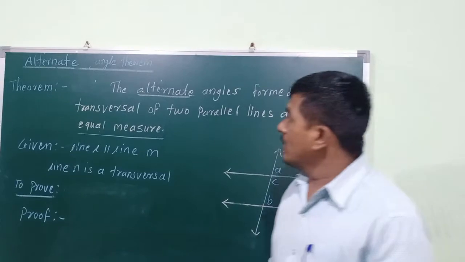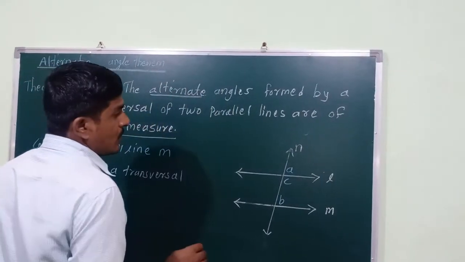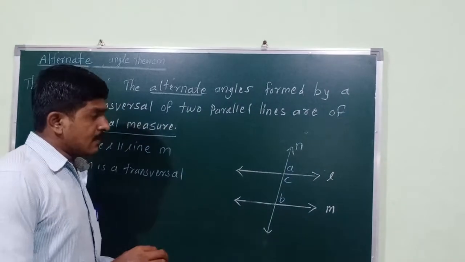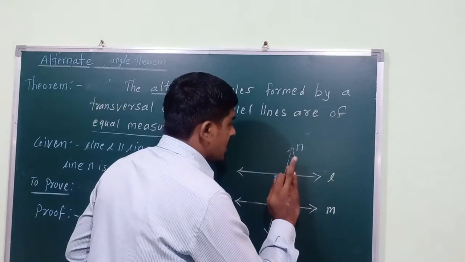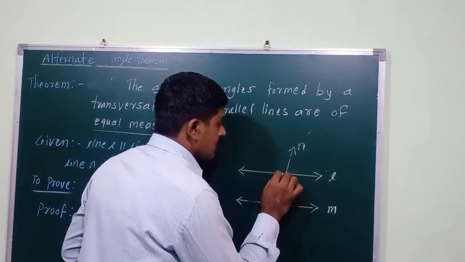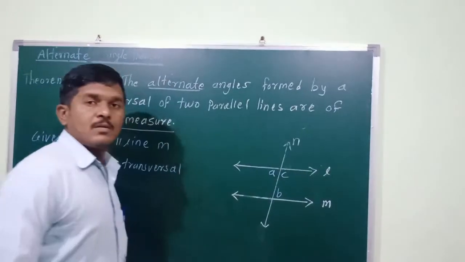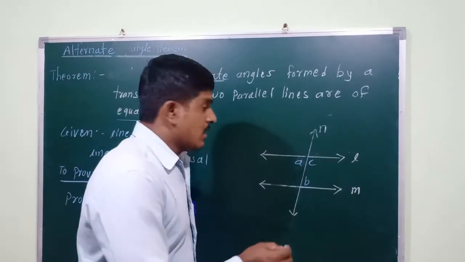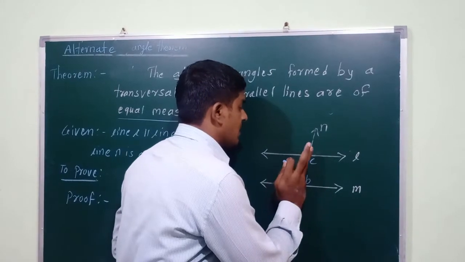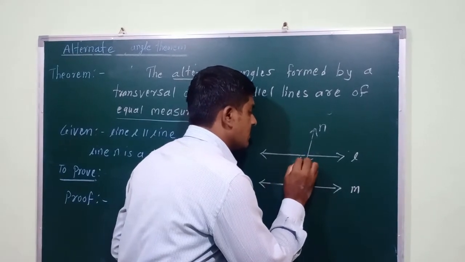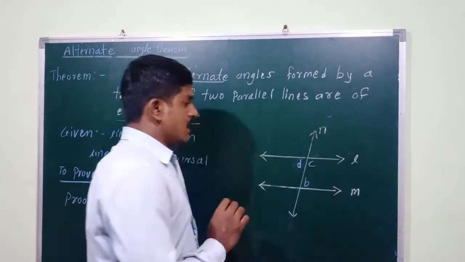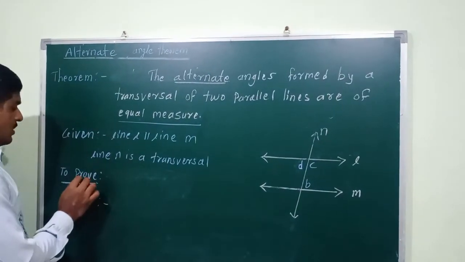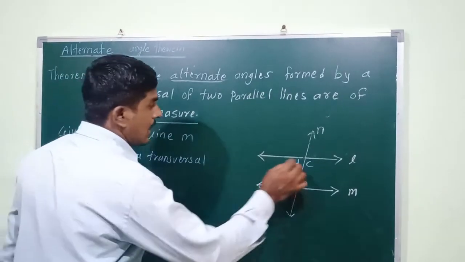To prove that alternate angles are equal. Here there is a change in the alphabets; in the textbook the letter D is given, hence we write D. Then, what are alternate angles?